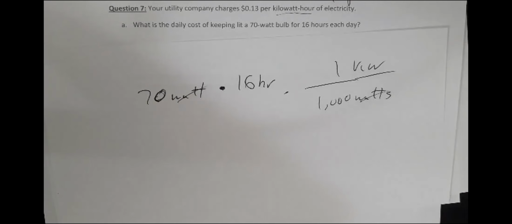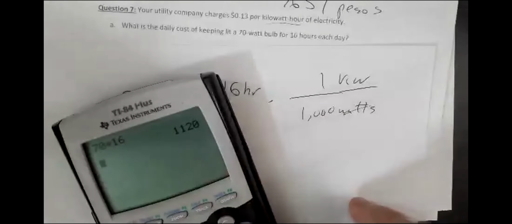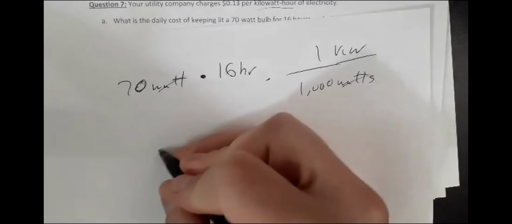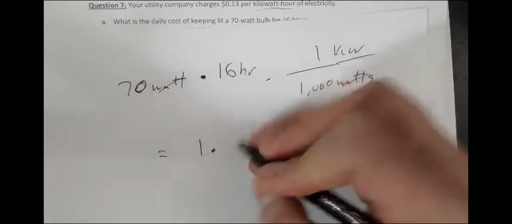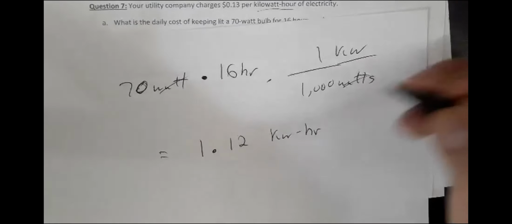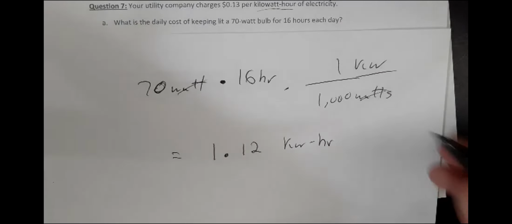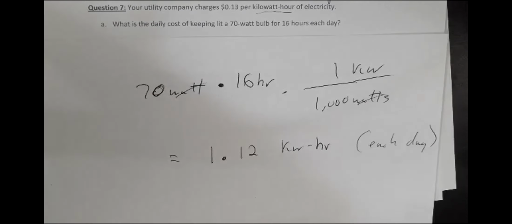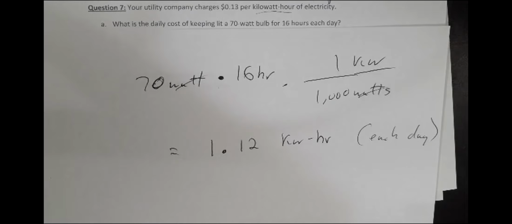So 70 by 16 is giving me 1120. If I'm dividing this by 1,000, that's moving it 3 decimal places. It should be 1.12. So this is using 1.12 kilowatt hours. And just to recap, this is what they're doing each day.